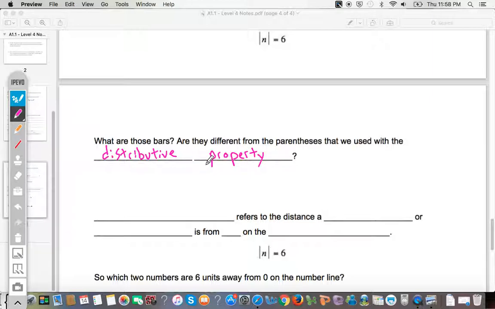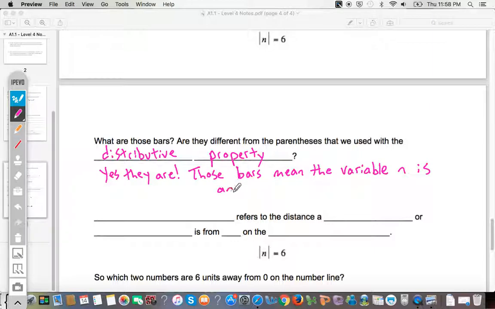They sure are. Those bars mean the variable n is an absolute value.